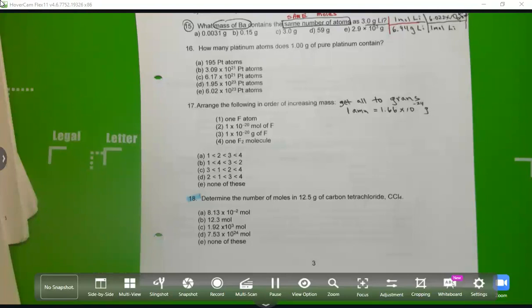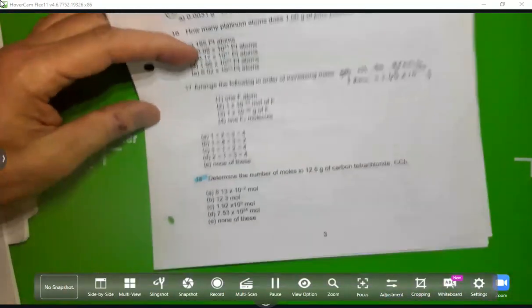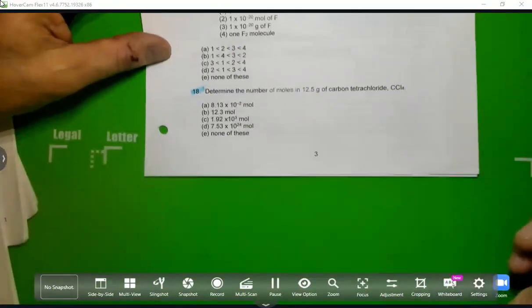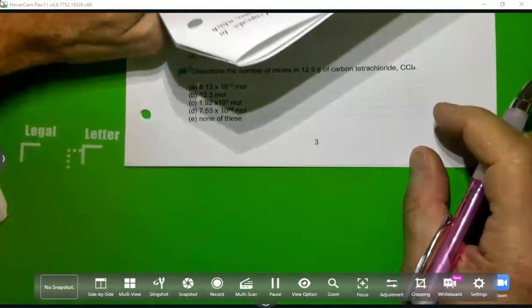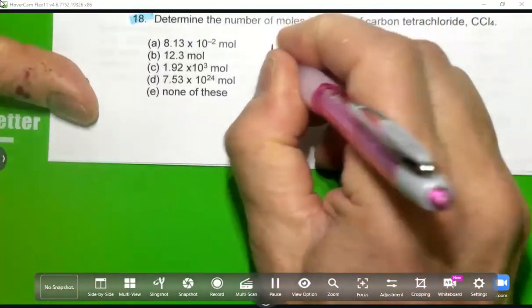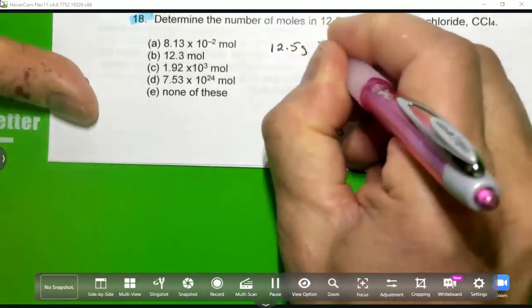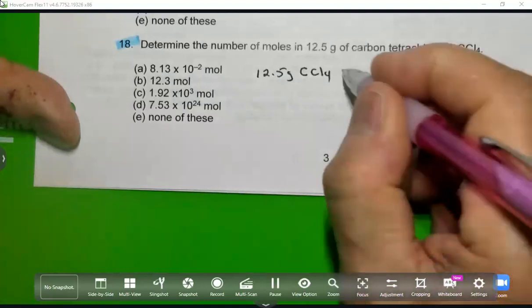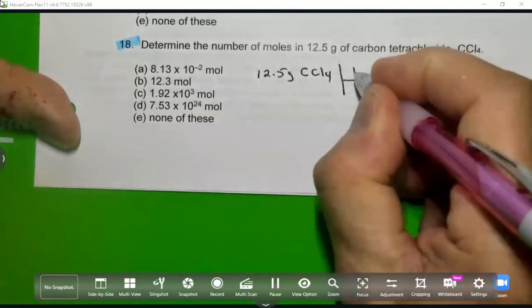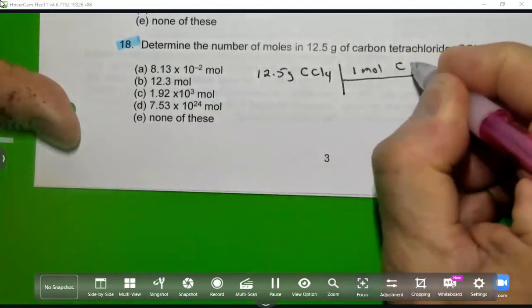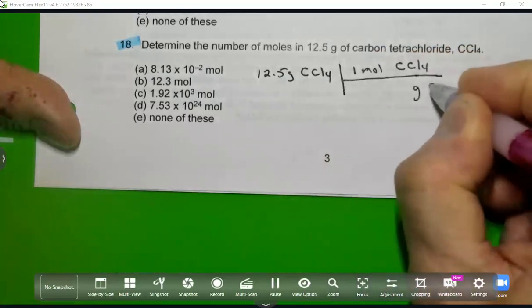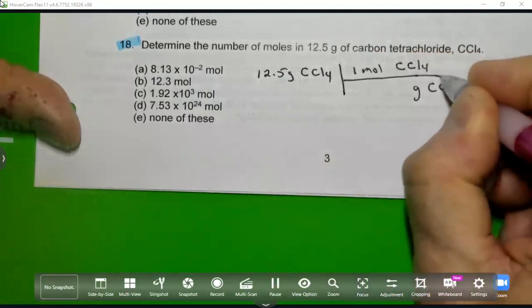Okay, so let's start with number 18 here on the quiz. Determine the number of moles in 12.5 grams of carbon tetrachloride, or carbon tet. So we've got 12.5 grams of CCl4, and we want 1 mole of CCl4 per grams of CCl4.